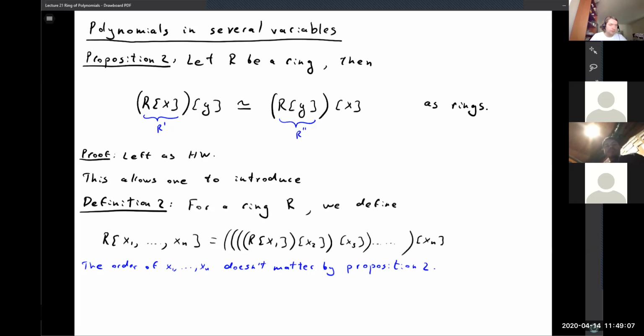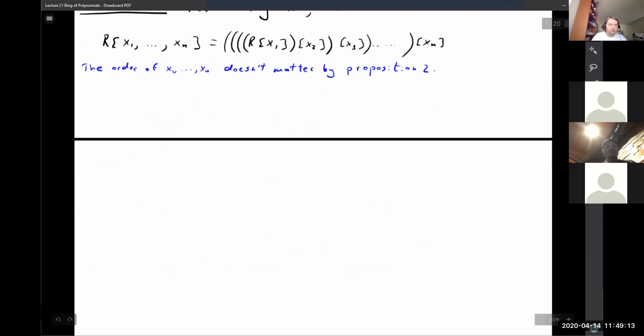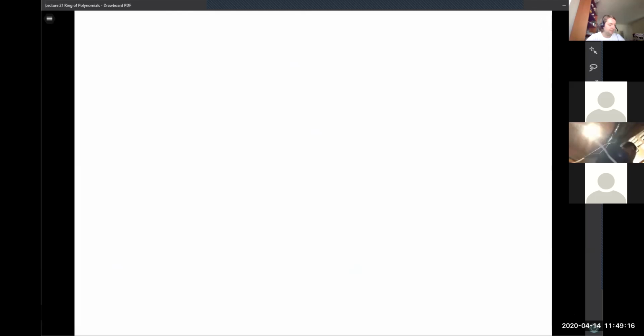So our next proposition would be the following. Wait a second, you have proposition 2 already. Yeah. So that will be proposition 3.